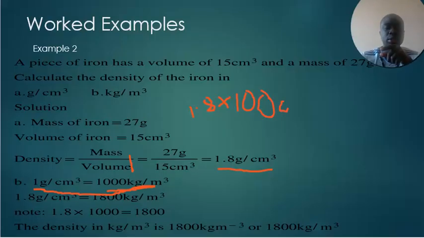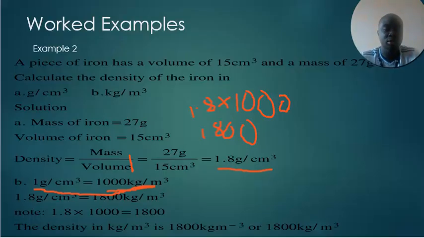Multiply it by 1,000 and you get 1800. But the unit is what? Kilogram per meter cube. So this is how it is solved. Just multiply by that and you are good to go.